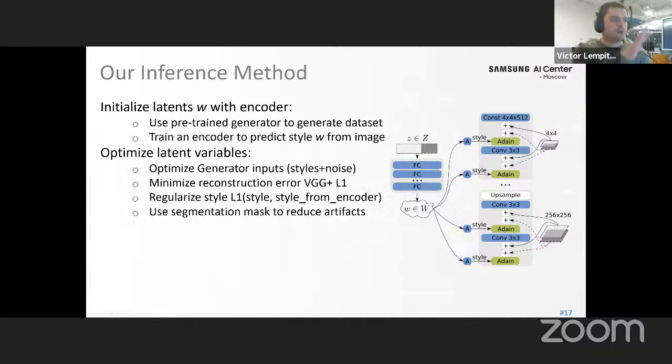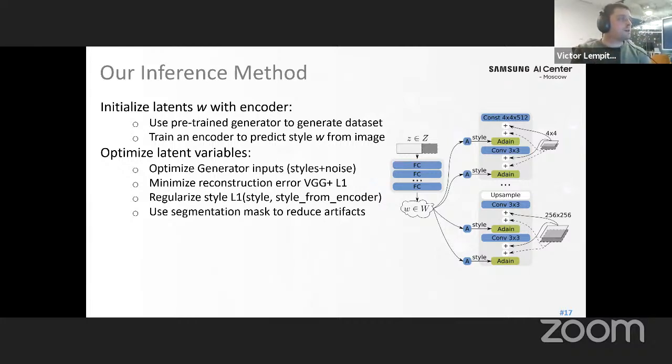Then, once we get the prediction from the encoder, at inference time, we optimize W using an optimization process by minimizing the reconstruction error between the result of our generator for that W and the image we're trying to animate.